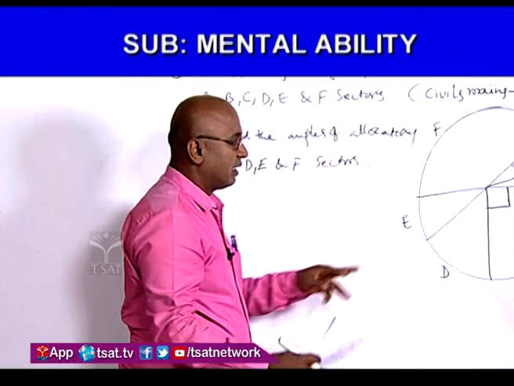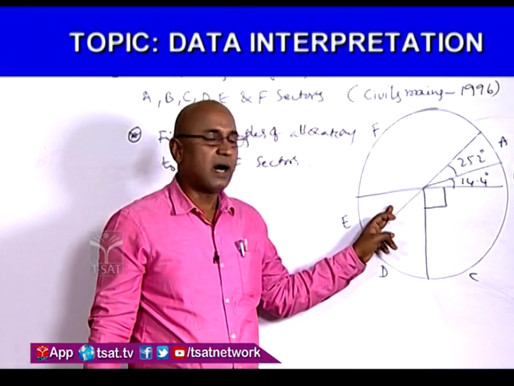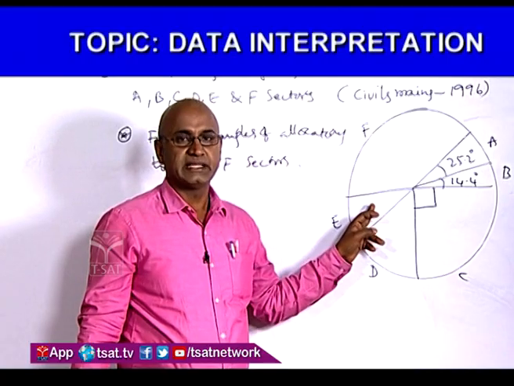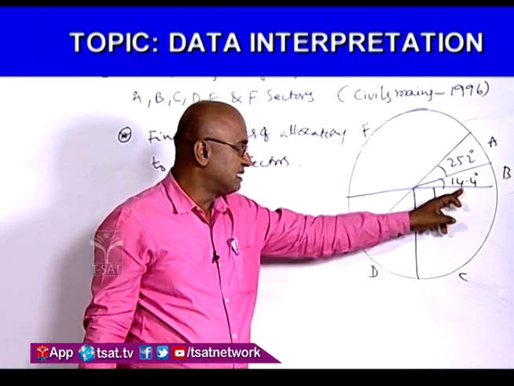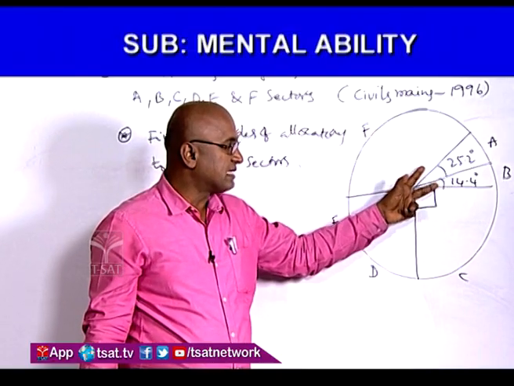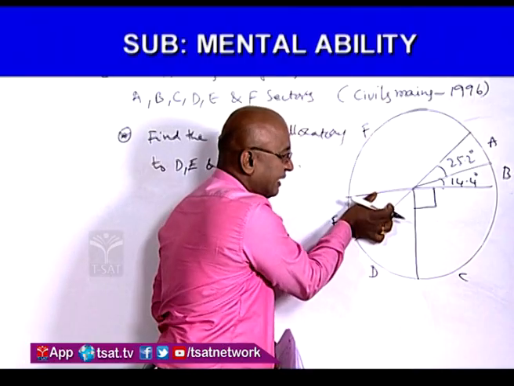See that whenever two lines bisect each other, the opposite angles are equal. And this is one line and this is the other line. When these two lines are bisecting, this angle is equal to this angle.